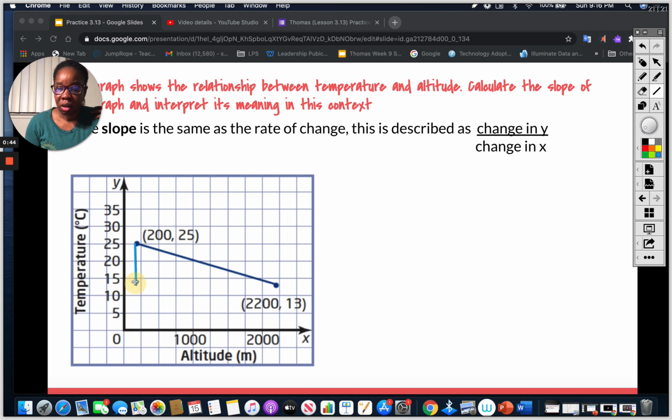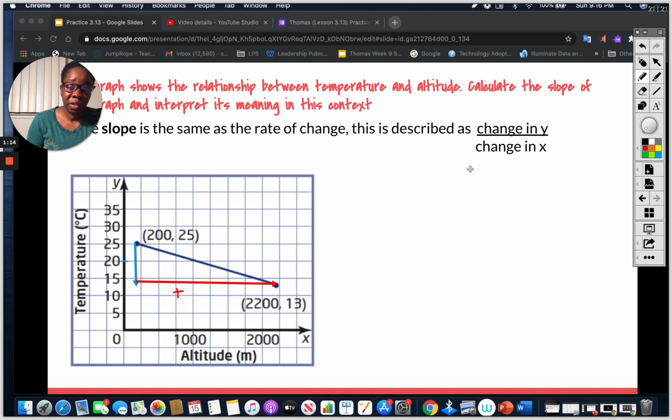So my vertical distance there and my change in y here. And I notice that my y value is going down, so I know this is going to be negative. And my x values are increasing, so I know that that is going to be positive.